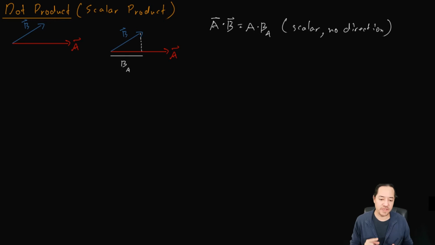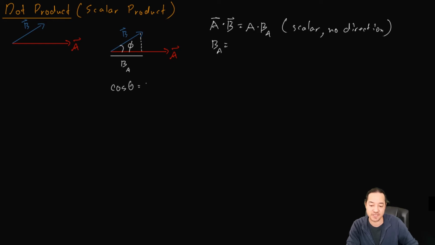So, can we figure out what B sub A actually is? And we can, okay? B sub A in this case, we can actually calculate it if we define this angle. If we define the angle between vectors B and A as phi, then using trigonometry, we can see that B sub A is the adjacent side to phi. So we know that cosine of phi is equal to adjacent over hypotenuse, right?